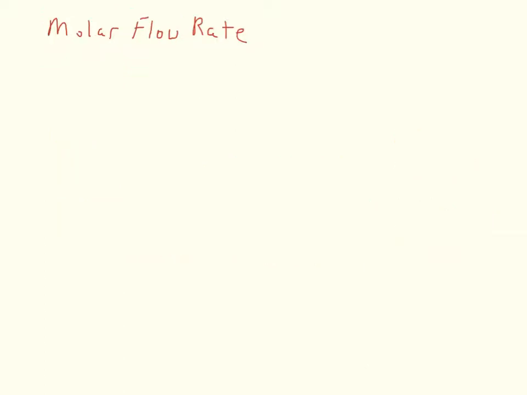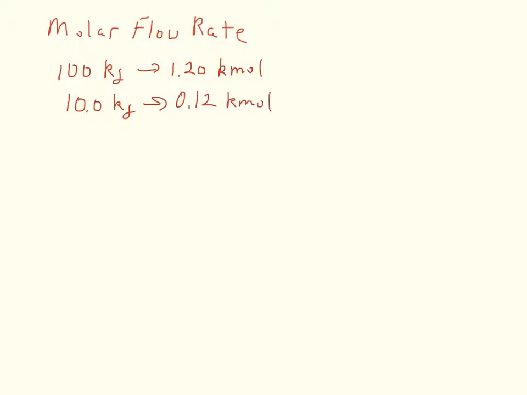So in the previous part, we found that 100 kilograms gave us 1.2 kilomoles. Our actual flow rate was only 10 kilograms. So what we have is 0.12 kilomoles, and this is all per second.